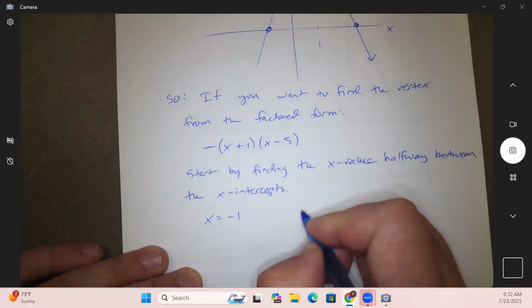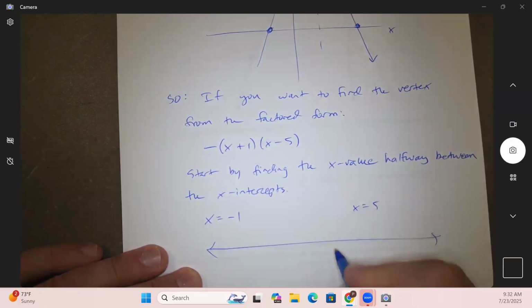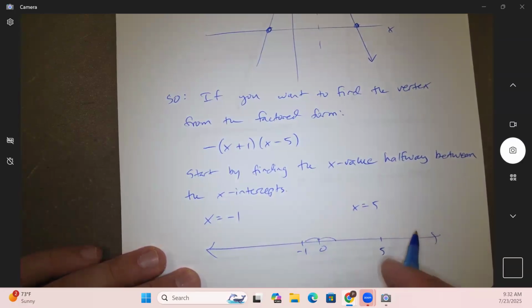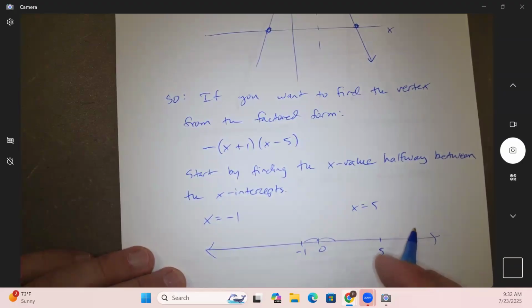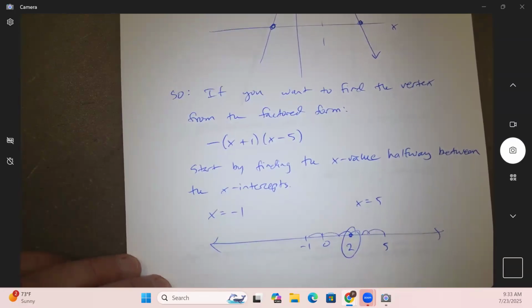My x-intercepts are x equals -1, I'll just put this on a number line, and x equals 5. And right between them is a point x equals 2.